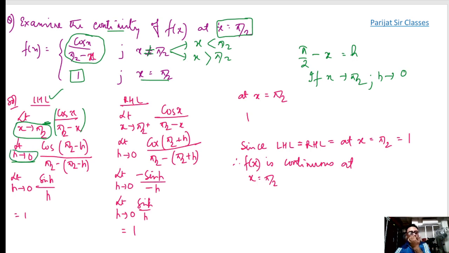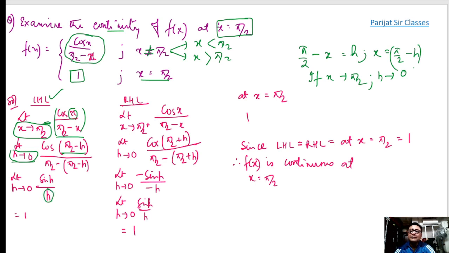Clear? In place of pi by 2 minus x, I will put h, and in place of x I will put pi by 2 minus h. So please note these steps how I am putting it.